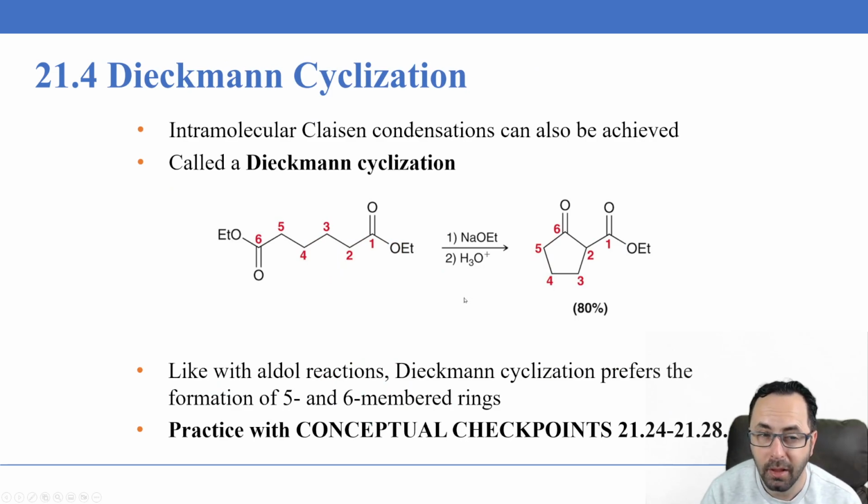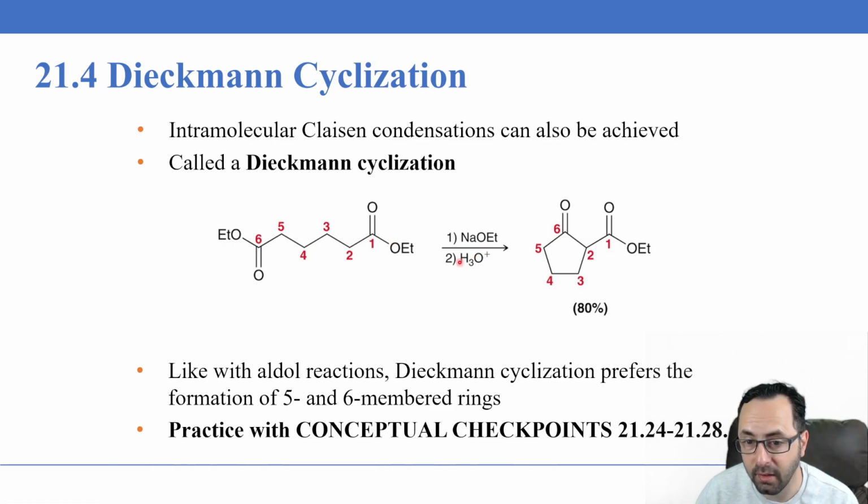Like intramolecular aldol condensations, we can also have intramolecular Claisen reactions, which are referred to as Dieckmann cyclizations. So again, the same limitations apply. When we use our base, we want our base to be the alkoxide ion that corresponds to the alkoxy group on the ester.